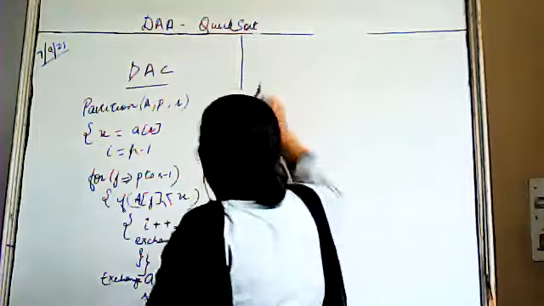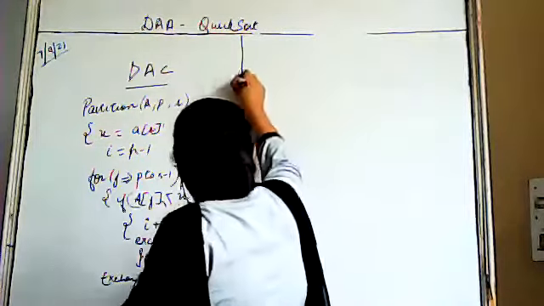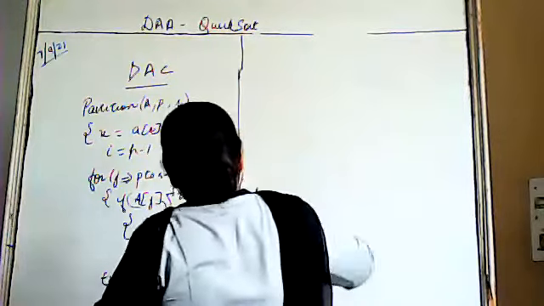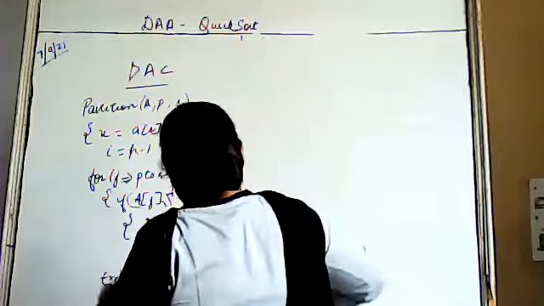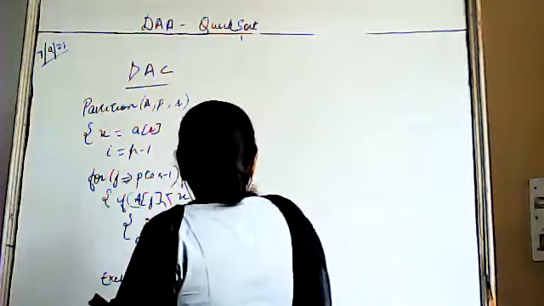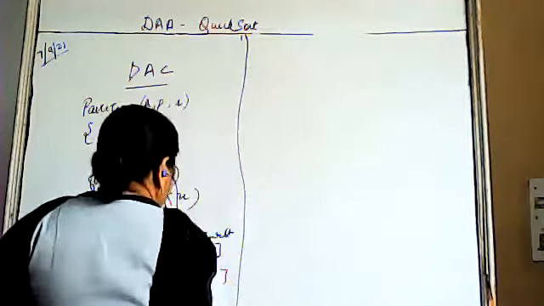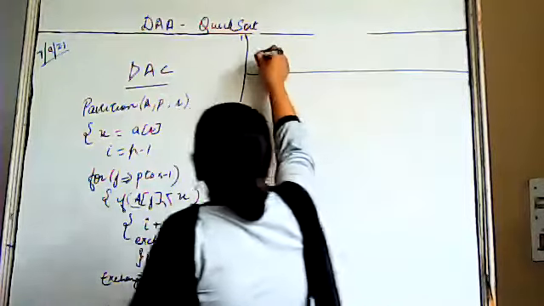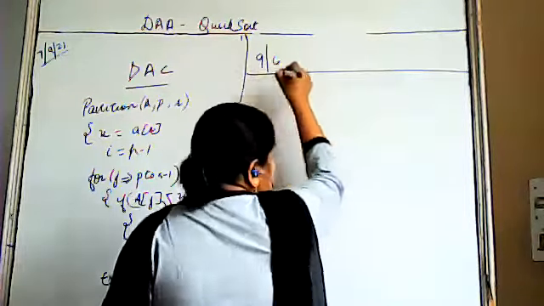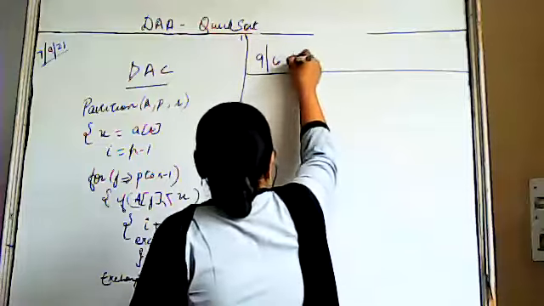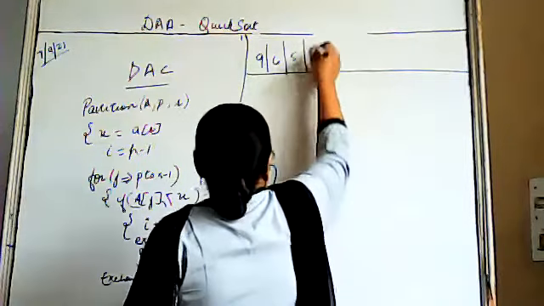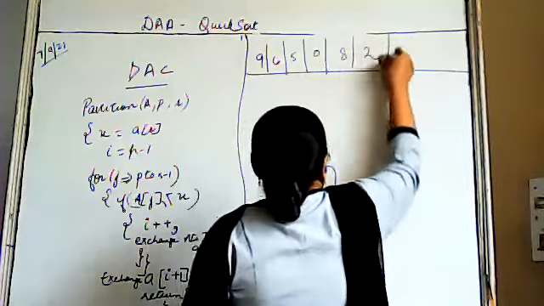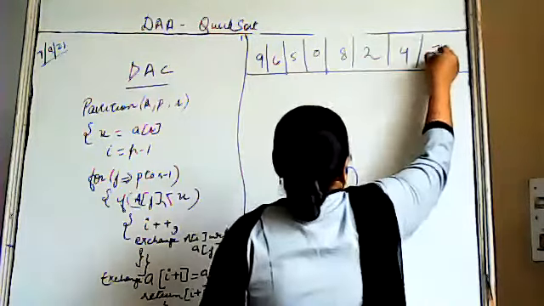So the elements are 9, 6, 5, 0, 8, 2, 4, 7.